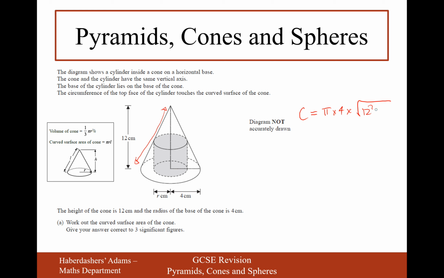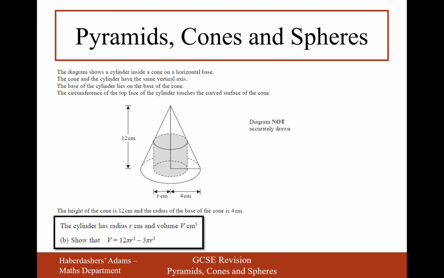Let's do the 12 squared plus 4 squared square rooted first, that's going to be 4 root 10. So it's going to be times all that together, so times 4 times pi, to 3 significant figures is 159 centimeters squared. Not too bad, that one, but when we move on to part B, it will be quite tricky. So let's have a look at what part B is.